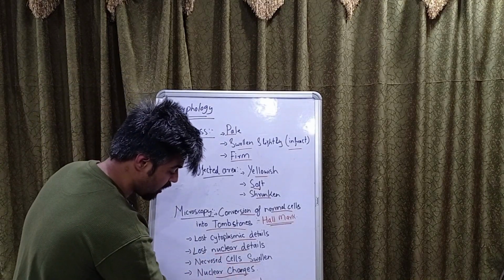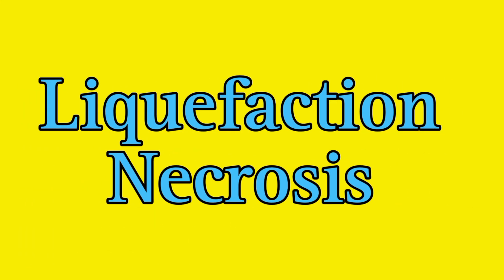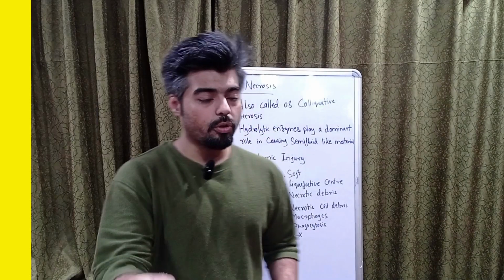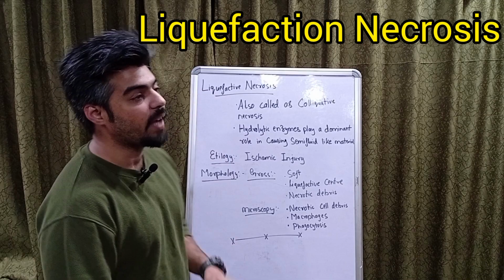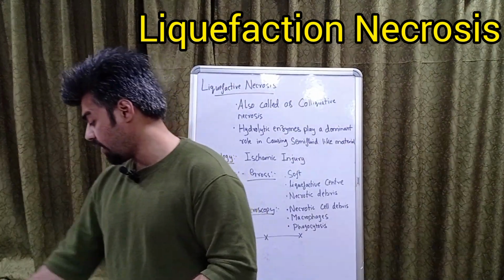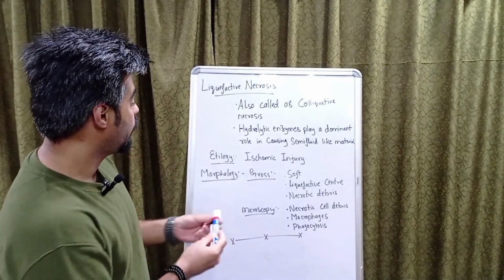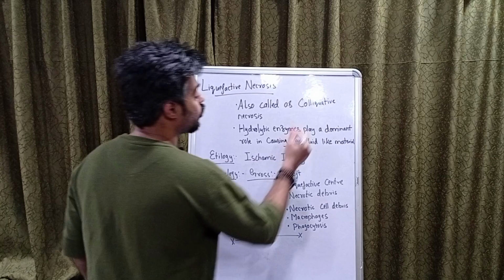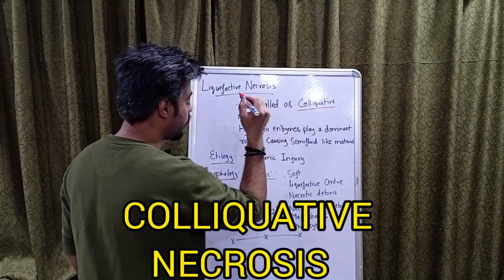Let's go now to liquefactive necrosis. So, guys, proceeding to the next type of necrosis, that is liquefactive or liquefaction necrosis. It is also called colliquative necrosis.